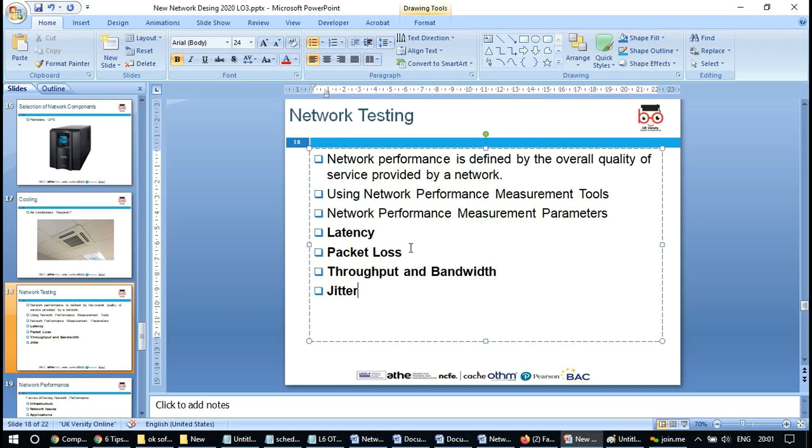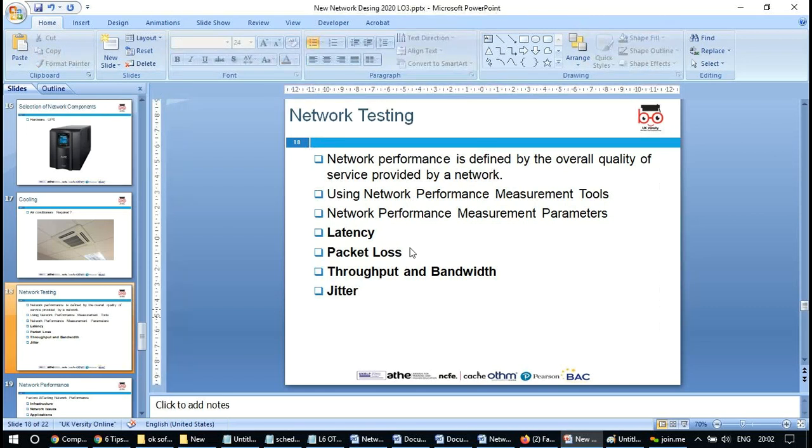These parameters would explain if they are within the acceptable range in numbers, then you can say that your network is reliable. But if you are not getting the proper response, then obviously your network is not good enough.